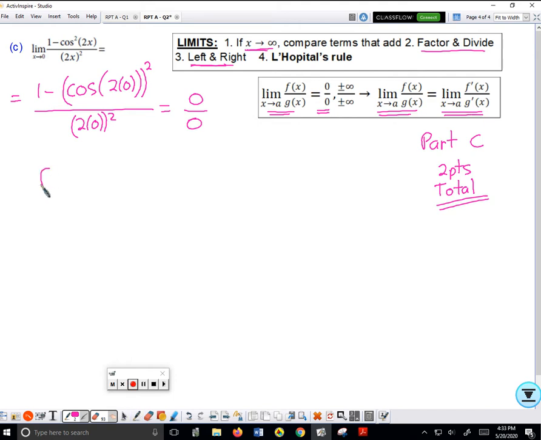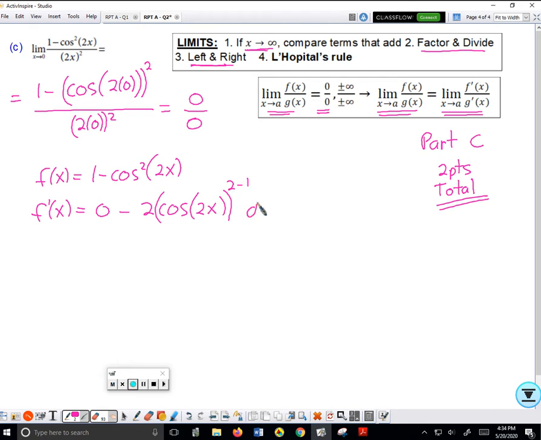So we write f of x is equal to 1 minus cosine squared of 2x. So f prime of x is going to equal 0 minus, bring down the 2, cosine of the 2x, and all of that gets raised to the 2 minus 1 power. Did these earlier in the year. Multiplied by the derivative of the cosine of the 2x.